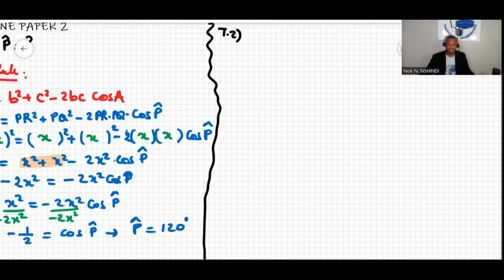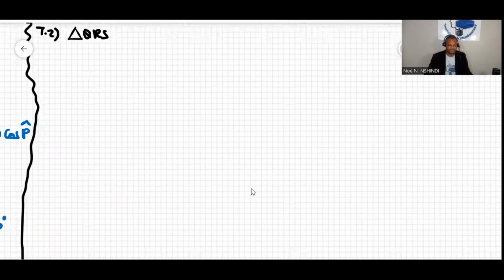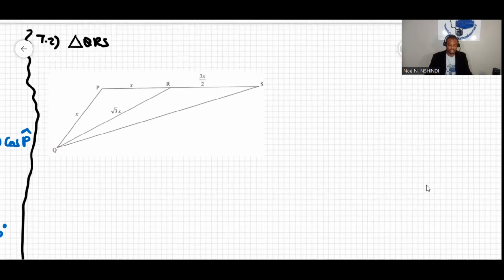So we're looking for the area of the triangle QRS. For the sake of illustration, I prefer to paste the same diagram over here.